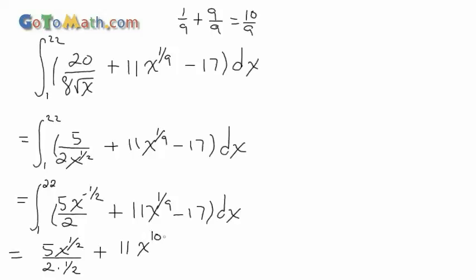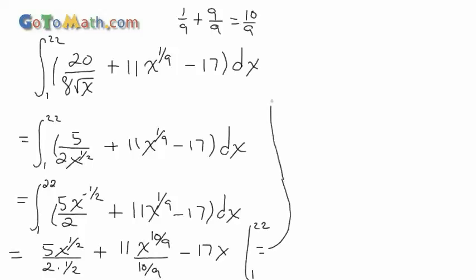Another way: 9 plus whatever's up here, you get 10. But let's do it the right way. And then you got 10 over 9, minus 17x, and we're going from 1 to 22. Let's clean this up first. A half of 2 is 1, right?